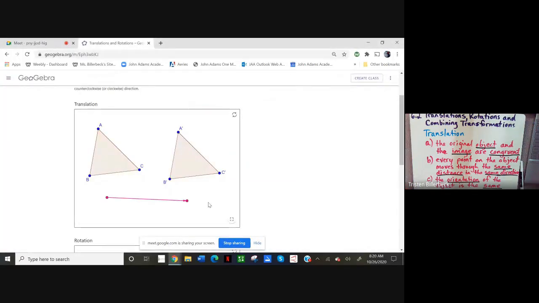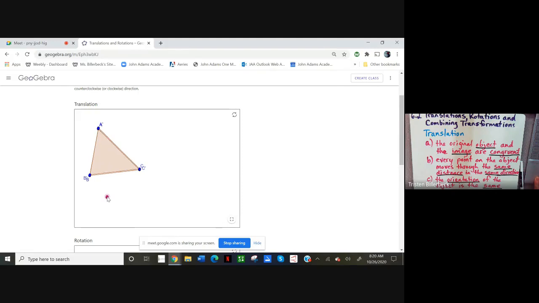All right, so if we have triangle ABC here, ABC is the object, and A prime, B prime, C prime is the image. If we put this on top of each other, it's a congruent shape. It has congruent sides and congruent angles.